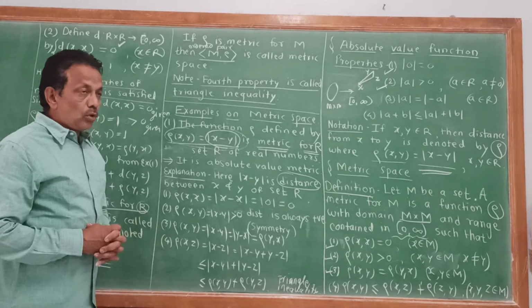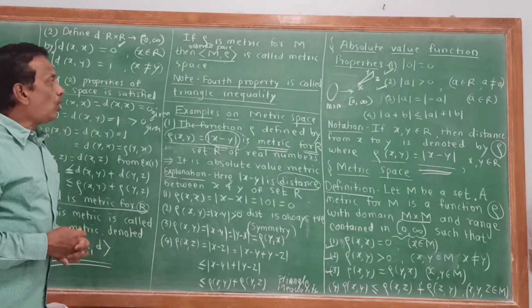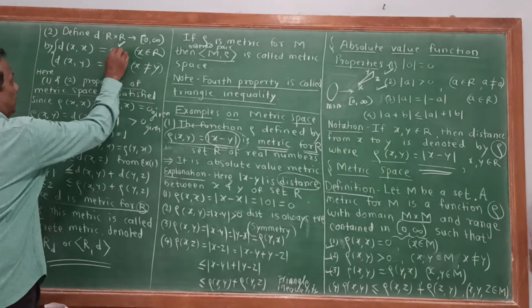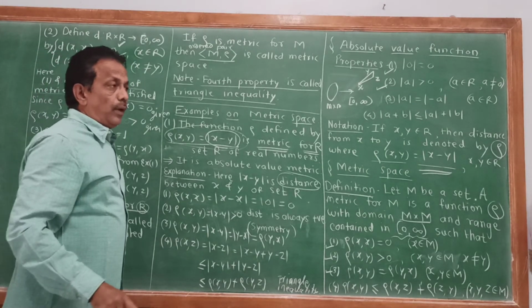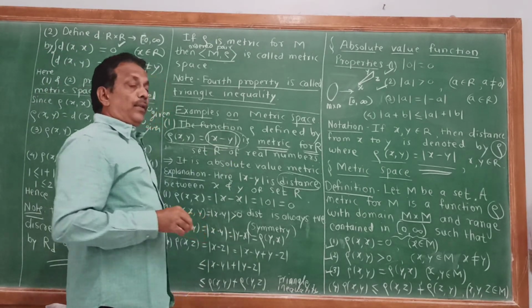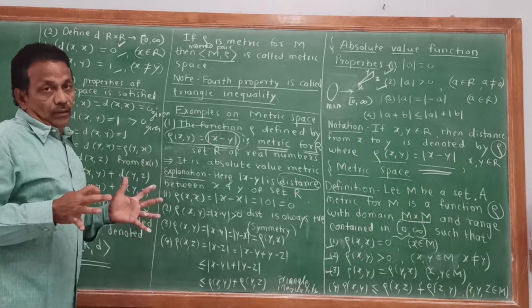Now this is also one different metric, because here we write only 0 and 1. Distance of x x is 0 and distance of x y is 1. Therefore this is the discrete metric.